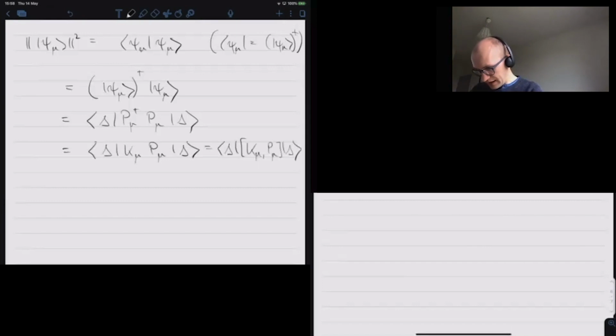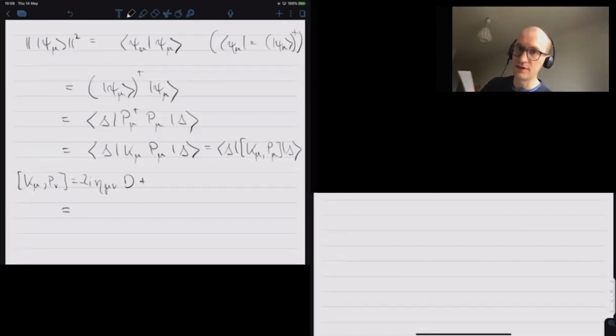Now if we look back, this commutator K mu P mu, we know what it is. K mu P nu has some term which is something like eta mu nu times D. I think there is a coefficient 2i. Plus another piece which I don't have in my head now, but it doesn't contribute. It annihilates delta, so it must be J, the angular momentum. For a scalar, it's not there.